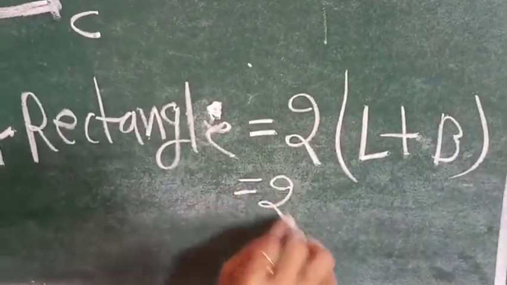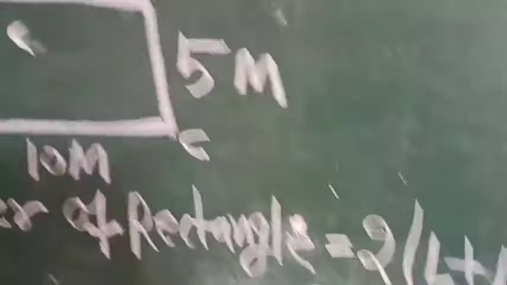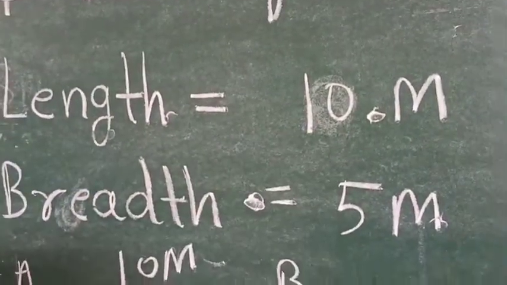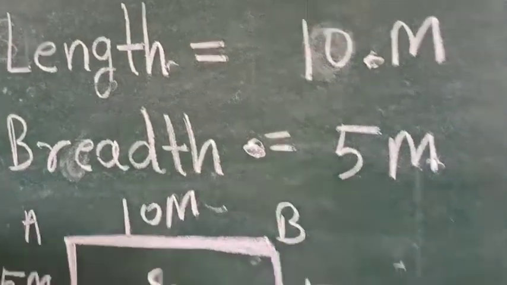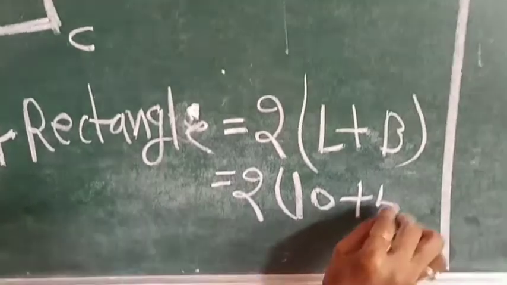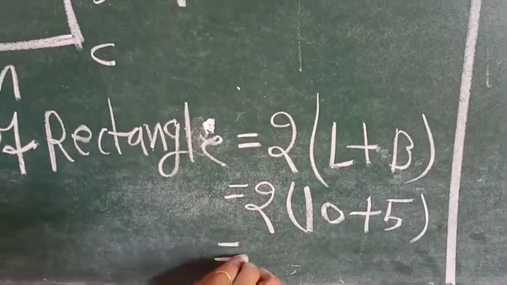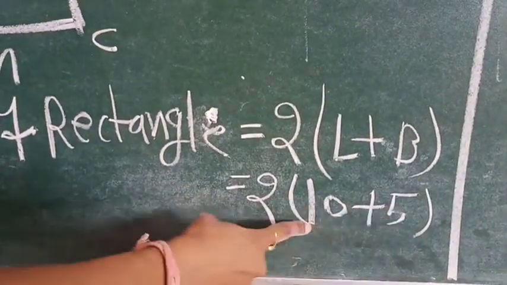So 2, what is your length? Look here, 10 meter. So you have to write here 10. What is your width? Look here, 5. So what you have to write here? 5. Very good. After this, you have to add both of these.